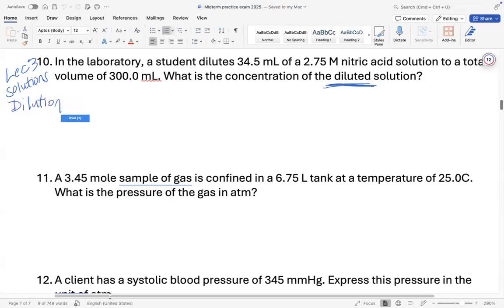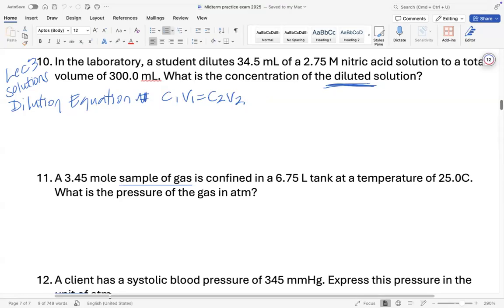So when I see a problem that has the word diluted in it, I know that this must be the question that's testing me on the dilution equation. And so the dilution equation is C1V1 equals C2V2. It's the one that's basically a proportion. All right.